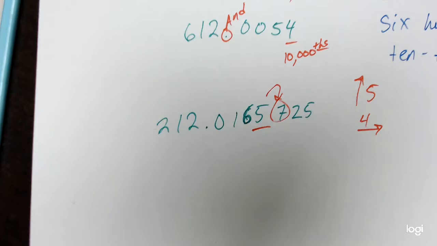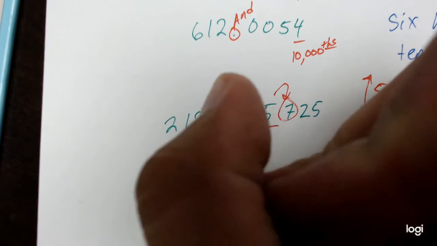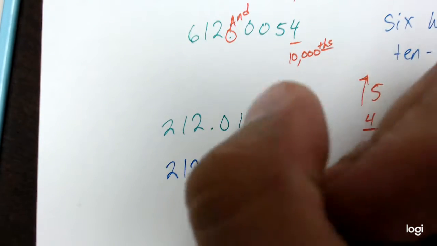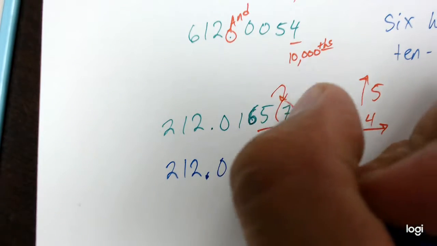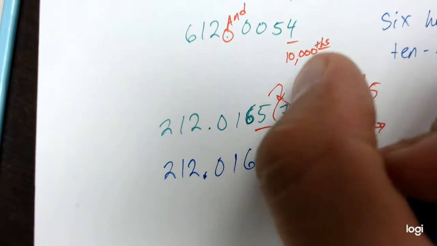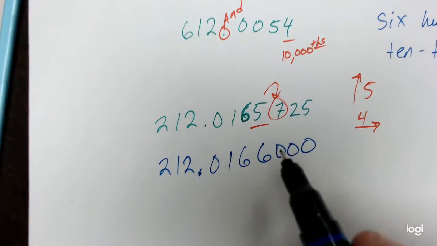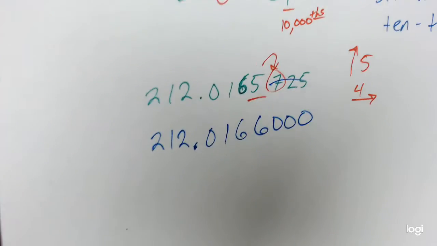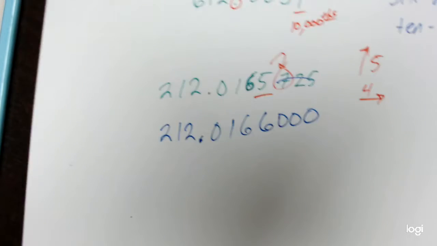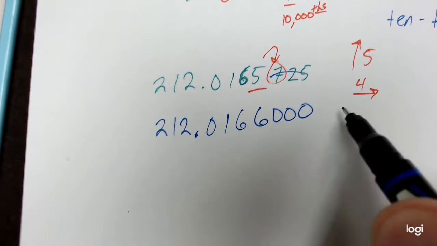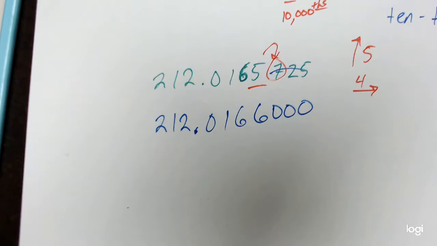So this gets rewritten as 212, 0, 1, 6. That 5 changes to 6. And then normally I would write 0, 0, 0 for those last 3 numbers, right? Well, this is where decimal rounding changes. A decimal number having zeros at the end does nothing to change the number.